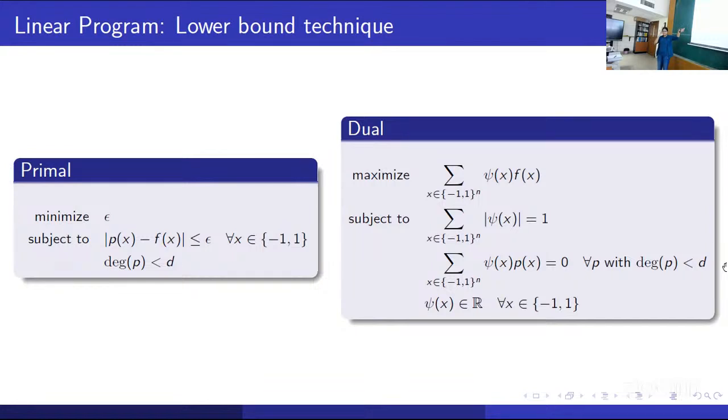So what are you calling the dual polynomial? Psi, when we write it down, is a real-valued function on the Boolean cube, so it is another multilinear polynomial. It is a polynomial.